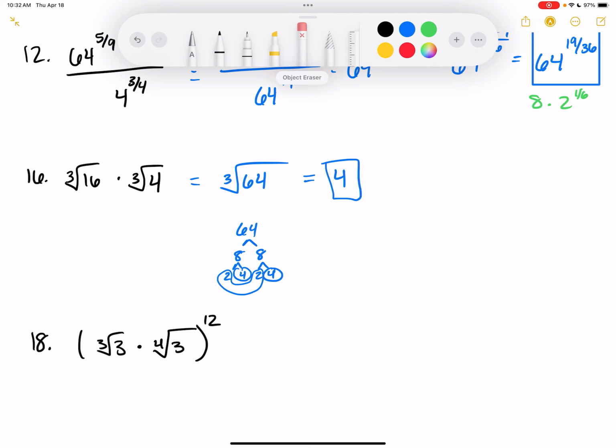So probably the best way to go about this is to write these in terms of rational exponents. I just think it makes it easier. So this would be 3 to the 1/3 times 3 to the 1/4, all raised to the 12th.